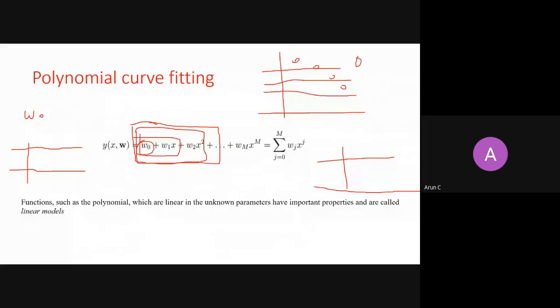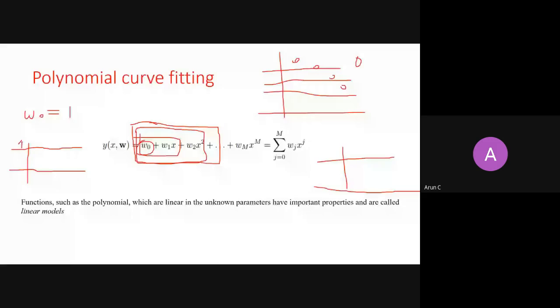Which horizontal line fits my data is another topic to discuss. But when you take W0, you're focusing on horizontal lines, and which horizontal line you take will be decided by the value of this parameter. If you say W0 equals 1, it means the horizontal line will cut the y-axis at 1, right?